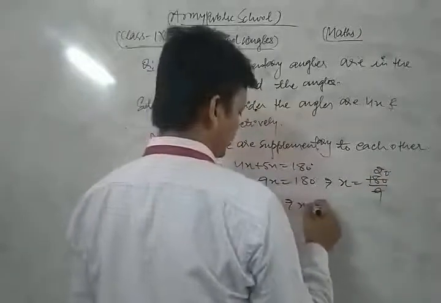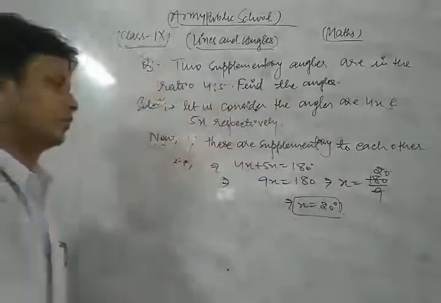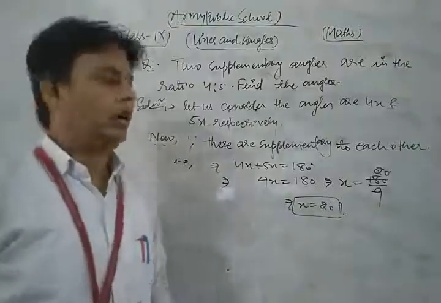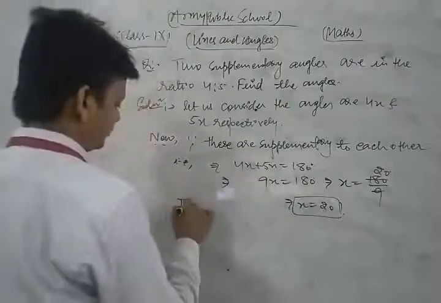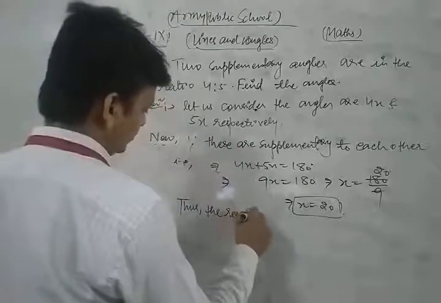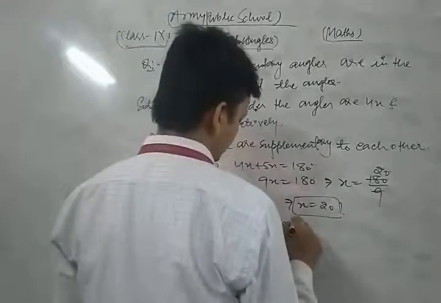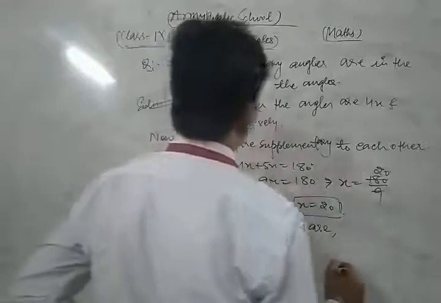So the value of x is what? 20. So in this way, we find the value of x as 20. Thus the required angles are 4x and 5x.